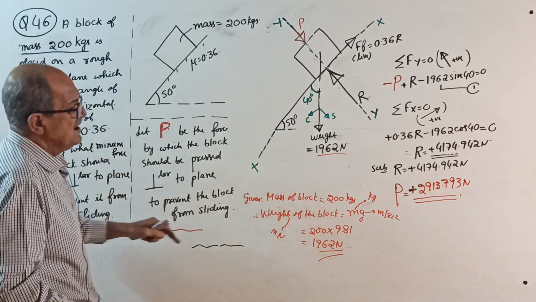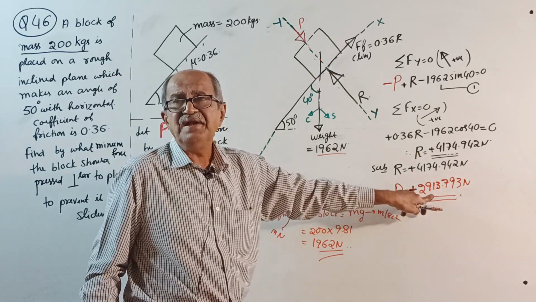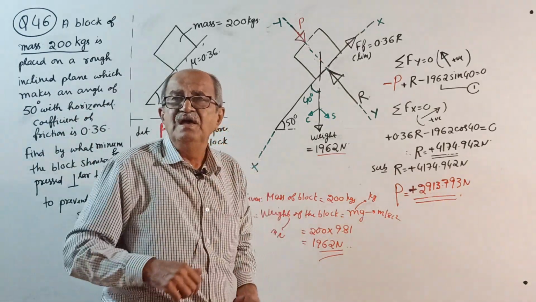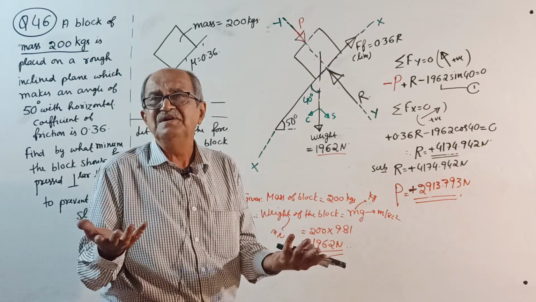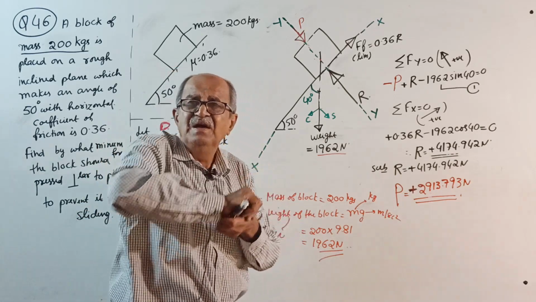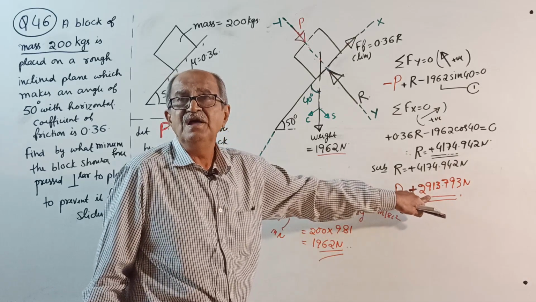See, our answer came 2913.793. At least this much force is required, that much you have to press it. Suppose you press more, good. Body will not slide down. It will be more stable. At least this much. So this is for the limiting case.